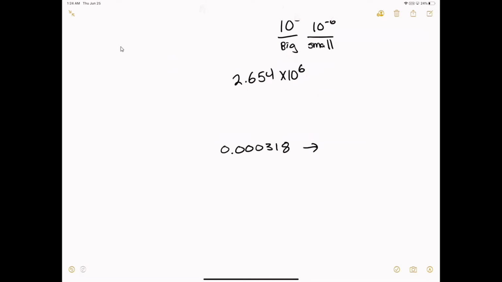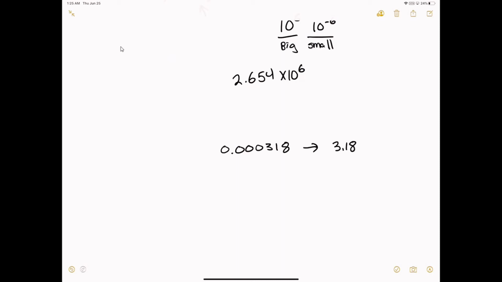So what I'm left with is 3.18. I'm not going to put those zeros in front of it because those zeros really are just placeholders. They don't really mean anything. They're just shifting things over into the tenths place or the hundredths or the thousandths or 10,000ths place in this example. So ignore those zeros in the front. They're called leading zeros. And I have 3.18.